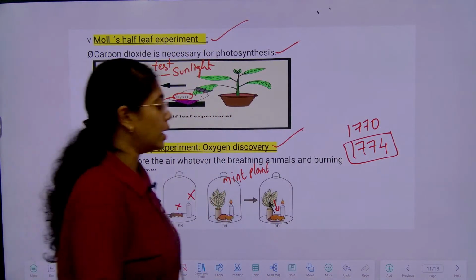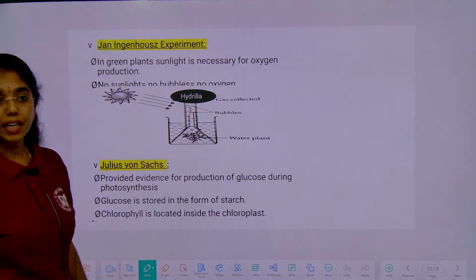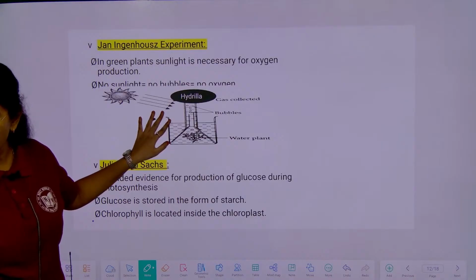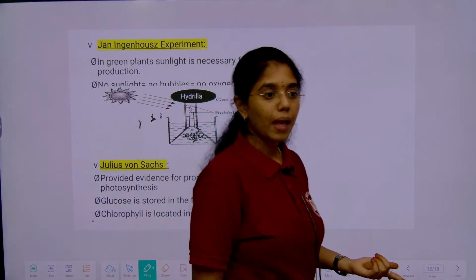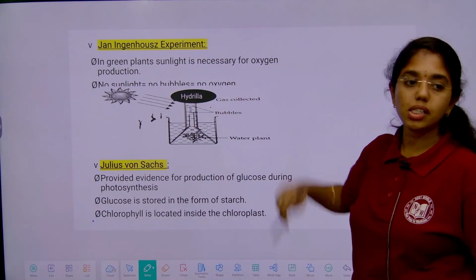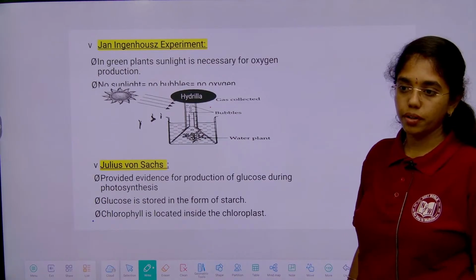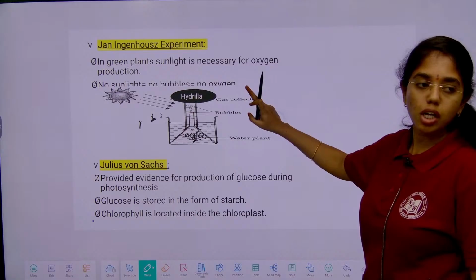Clear? And then the Jan Ingenhousz experiment. He is the scientist who proposed that photosynthesis takes place in the presence of sunlight and releases oxygen as a byproduct. Photosynthesis occurs in sunlight and releases oxygen as a byproduct.